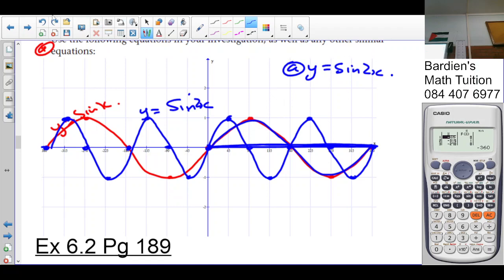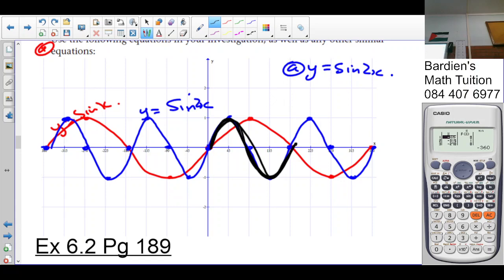So the period of that graph is 360, which means to say every 360 degrees a new cycle will be created or formed. Not so? So what do you notice with regards to the period of the graph in blue? It's 180. Can you see that? So there, from start to end, it's 180 degrees.